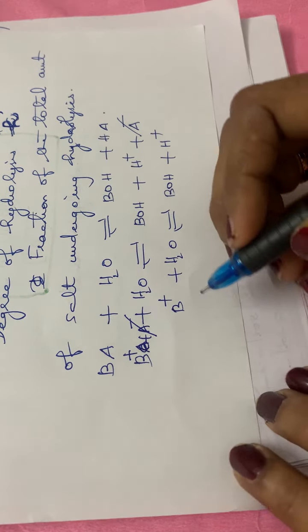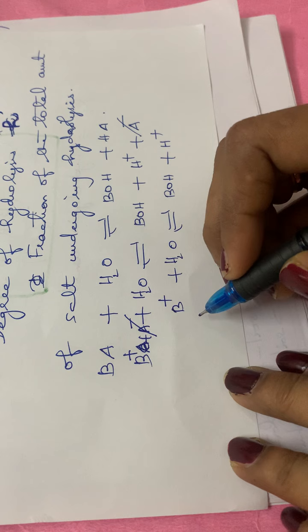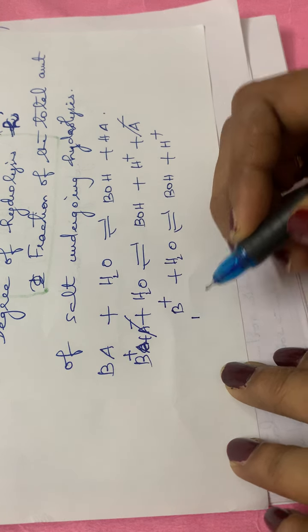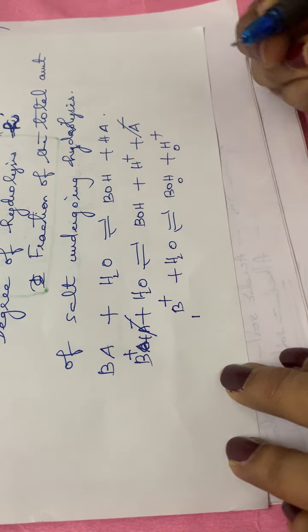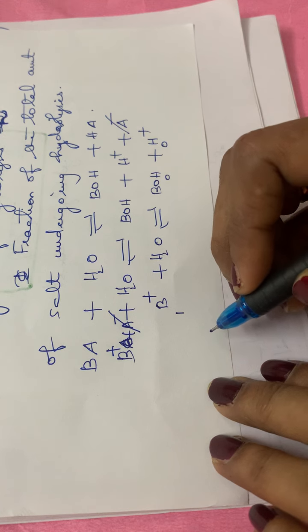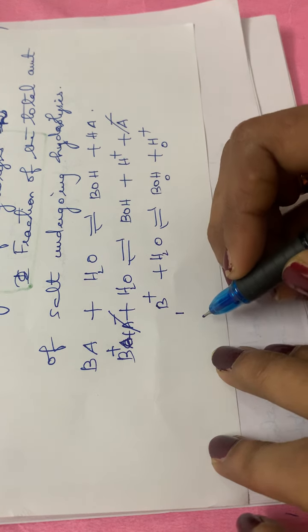If the initial concentration of B plus is 1, then for the products it will be 0, 0, and after a time t, alpha will be dissociating.